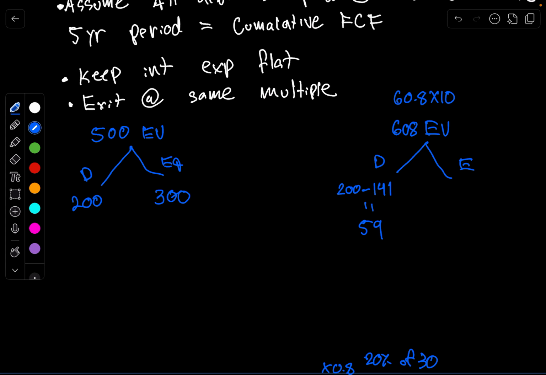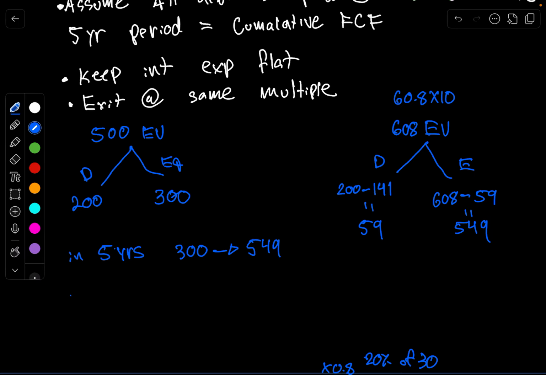That is simply 608 minus 59, which equals 549. So now we can see that in 5 years, we went from 300 to 549. So what's the money on money multiple there?